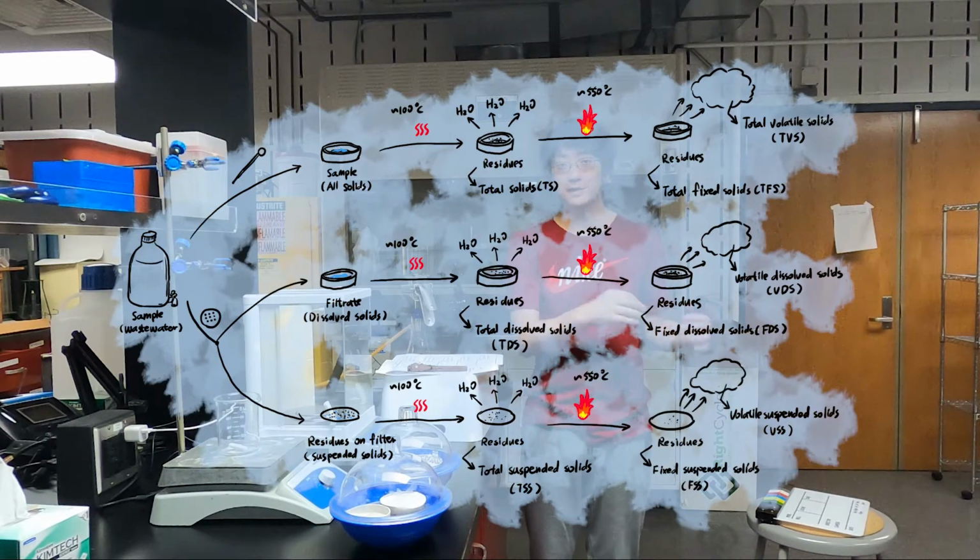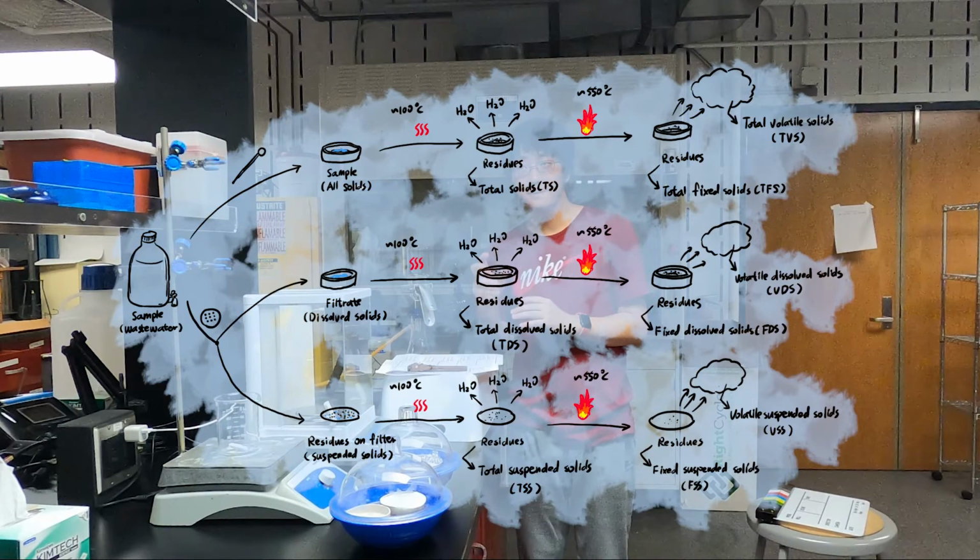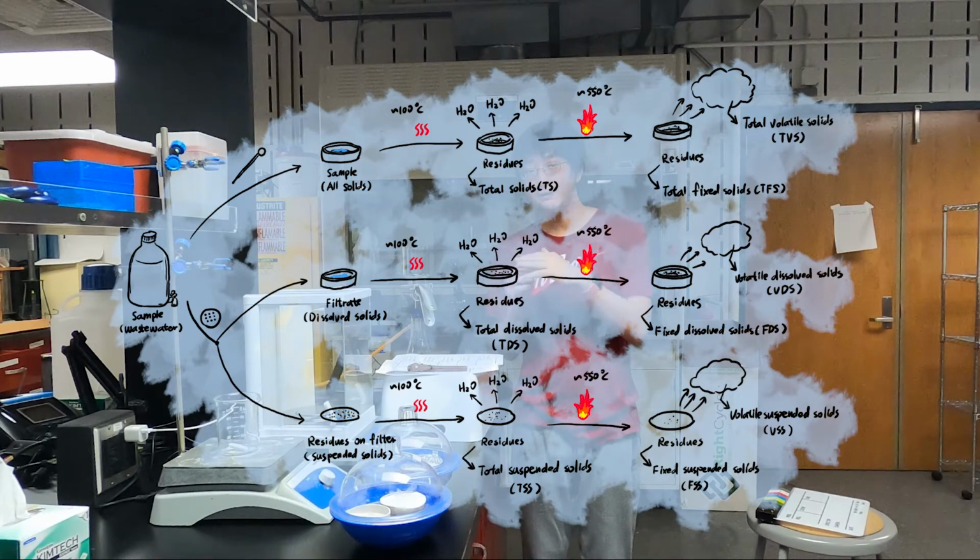Again, we can move this filter into the 550 Celsius degree muffle oven to bake. During this process, we'll still have some of the solids on the filter, and these solids are called fixed suspended solids. And we still have some of the solids get out from the filter, and these parts are called volatile suspended solids, VSS.